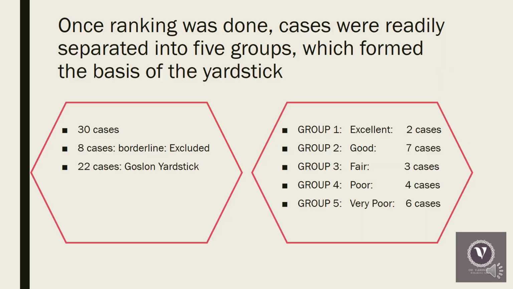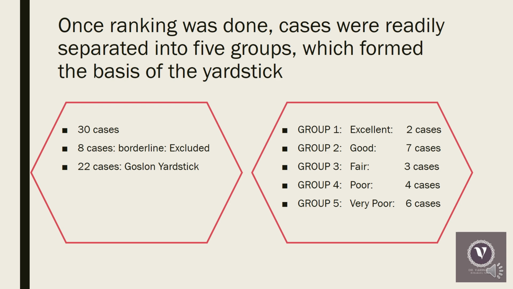Once the ranking was done, these cases were readily separated into 5 different groups which form the basis of the yardstick. But firstly, from these 30 cases, 8 cases were found to be in the borderline situation, so they were excluded. The remaining 22 cases formed the basis of the Goslon yardstick.